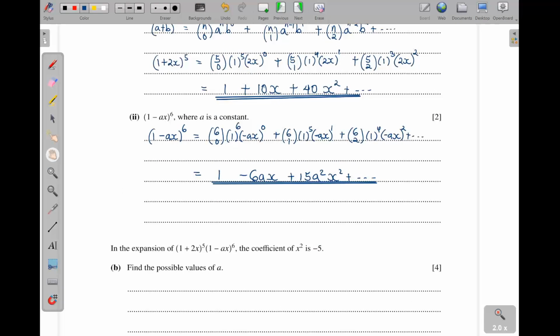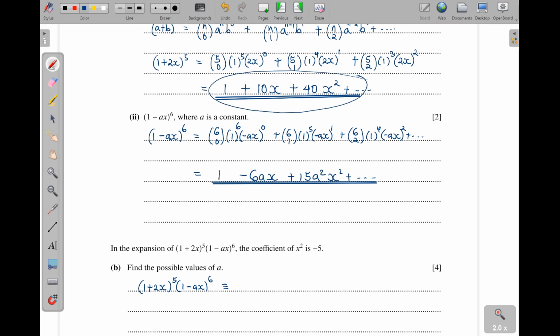Then Roman 2, you are saying in the expansion of this, the coefficient of x squared is negative 5. Find the possible values of a. Now, this 1 plus 2x here to the power of 5, then multiplied by 1 minus ax to the power of 6 is the same as this one here. We have already multiplied it here.